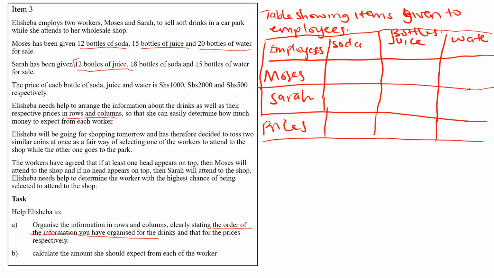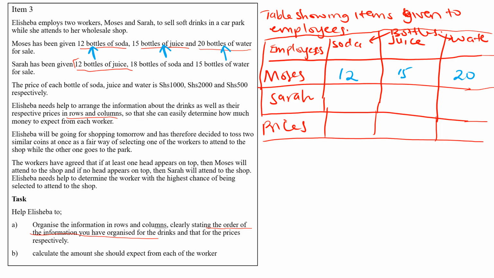So here you will come and you ask, how many bottles of soda was Moses given? 12. I put 12 there. Then how many bottles of juice was Moses given? 15. And then how many bottles of water was Moses given? 20.